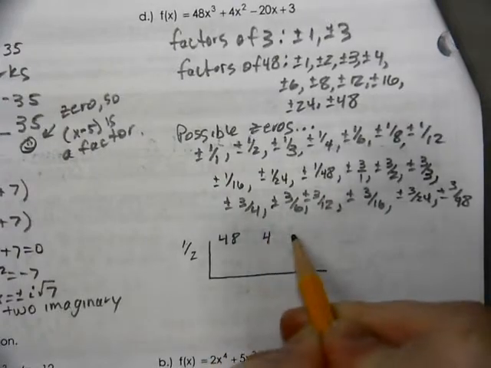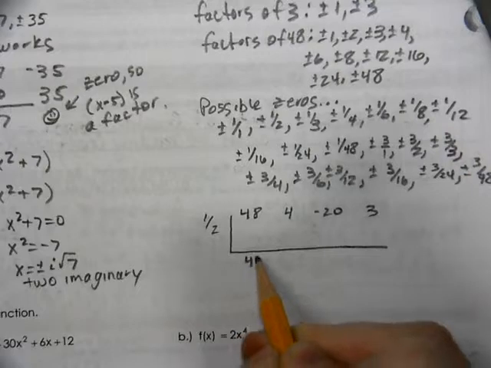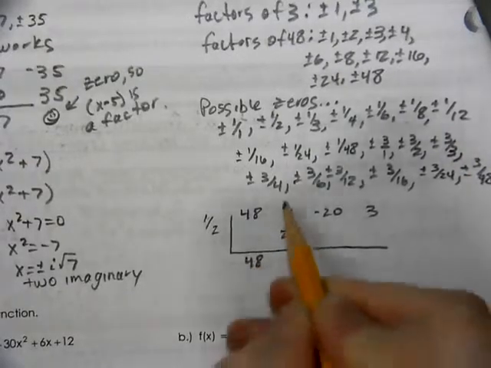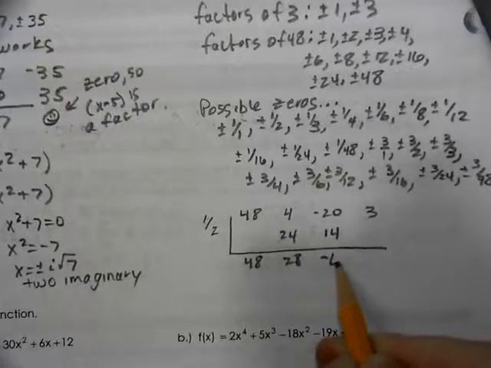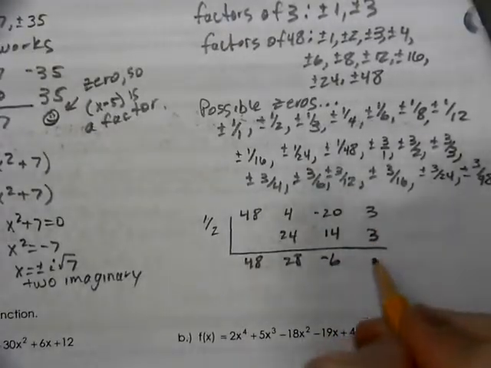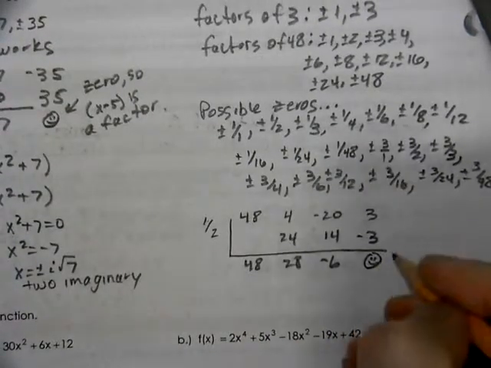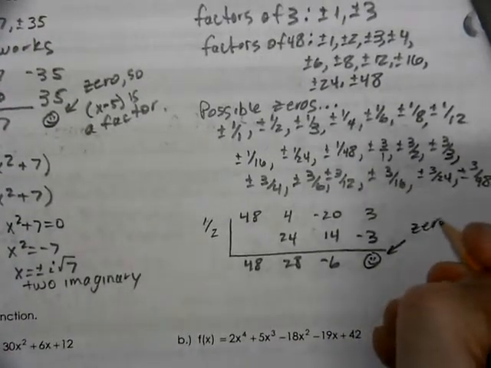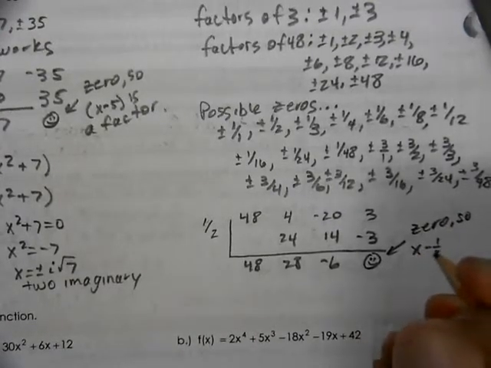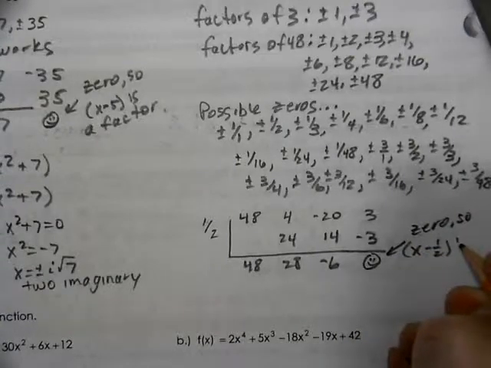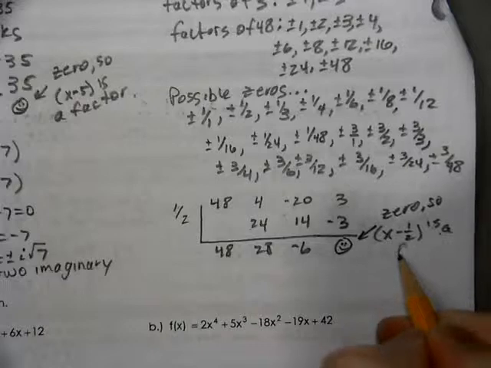48, 4, negative 20, and 3, bring down your 48, multiply it to get 24, multiply it to get 14, multiply it to get 3, would be negative 3. That's a 0. So x minus a half is a factor.